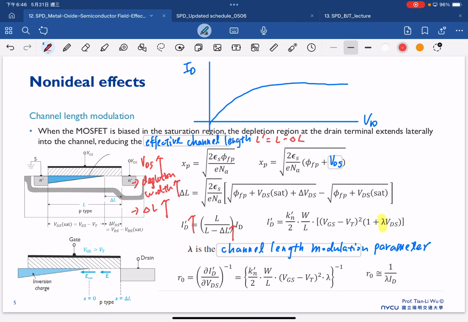So this is the curve where we start to have channel length modulation, and this additional current is mainly due to the reduction of L prime. The effective channel length reduction is because of the delta L increase, and this is an issue that we call channel length modulation.